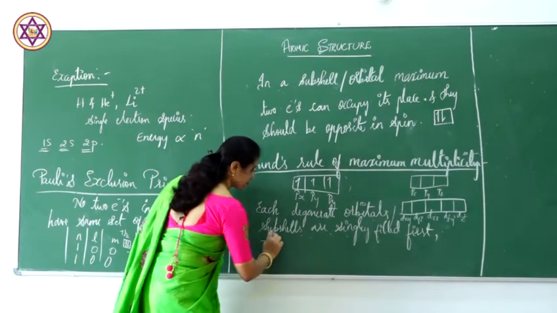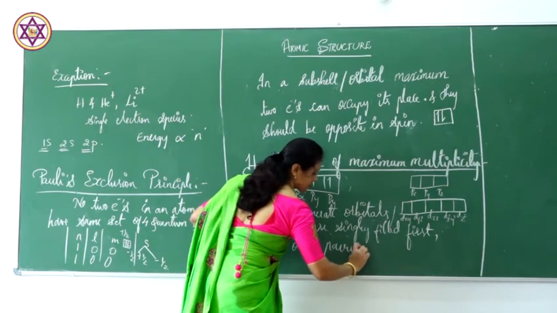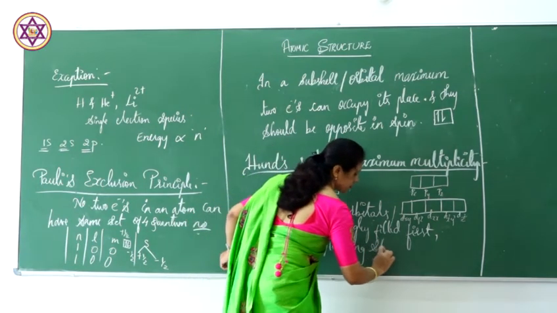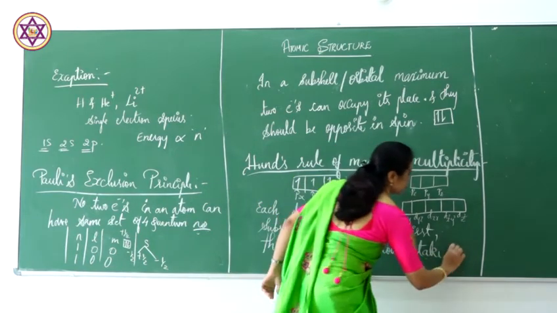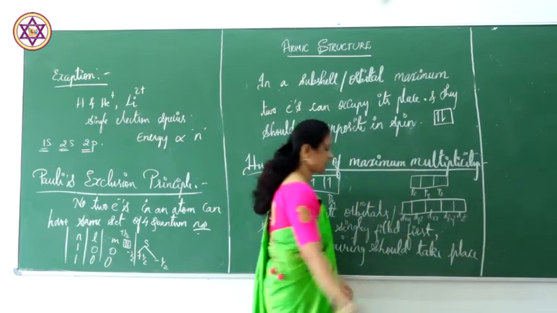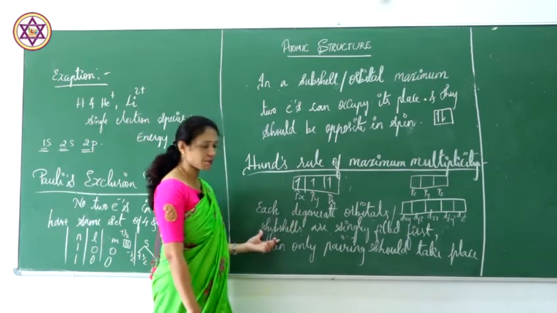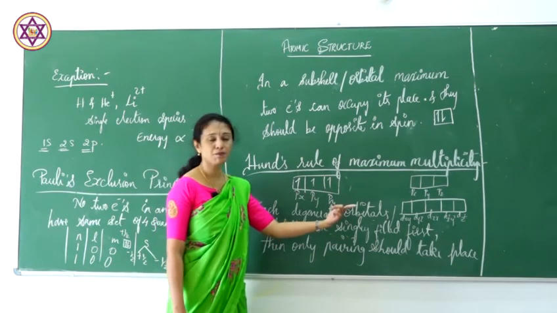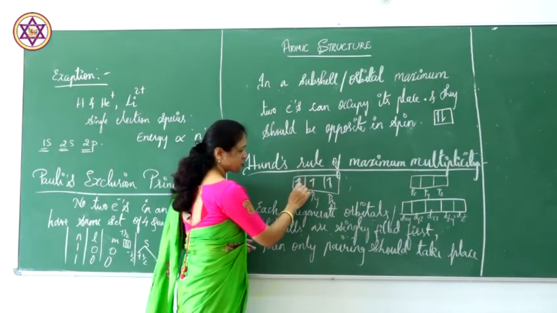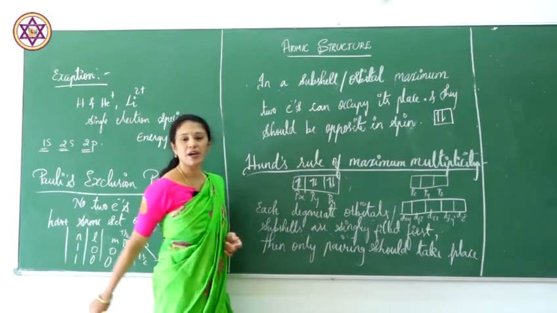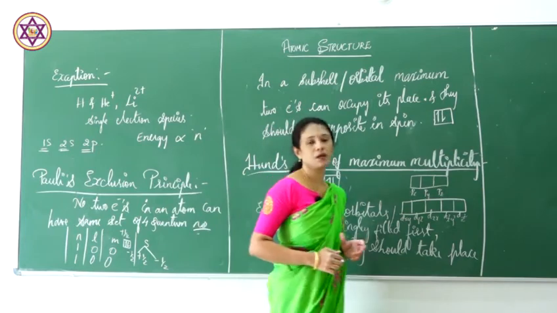Then only pairing should take place. That is Hund's rule of maximum multiplicity. Here I am taking px, py and pz. Each is singly filled first, then the pairing should take place. This is Hund's rule of maximum multiplicity.